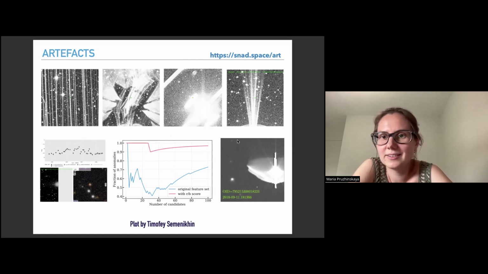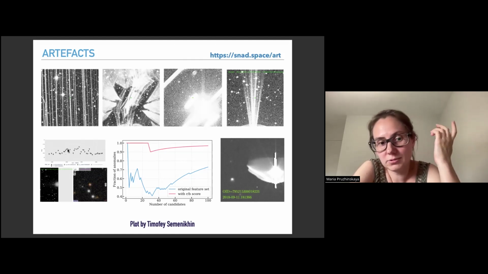And so the presence of such artifacts in the data really makes life more complicated. What is also interesting is that sometimes the light curve produced by these artifacts looks quite okay.